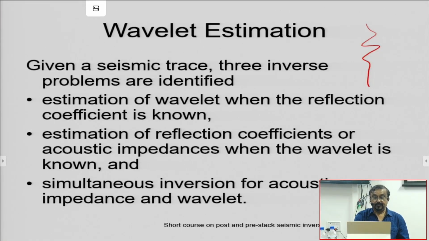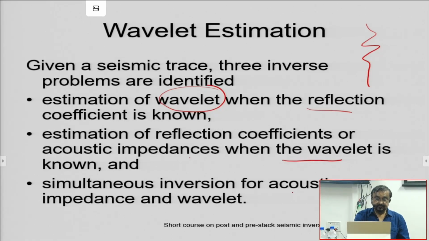One is you want to find the wavelet when the reflection coefficient is known, because this trace has been generated by convolving your wavelet with a reflectivity series, right? And then the second problem is estimation of reflection coefficients or acoustic impedance when the wavelet is known. And the third problem is simultaneous inversion for acoustic impedance and wavelet.